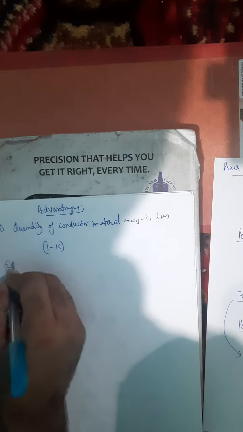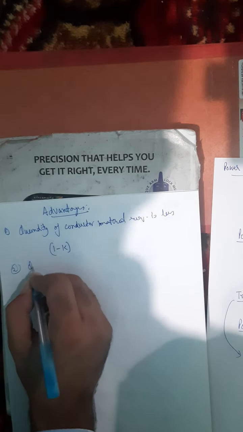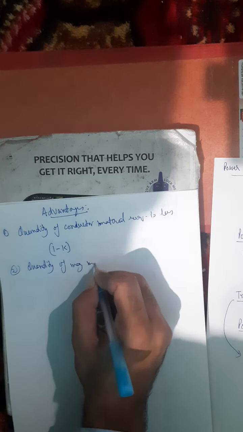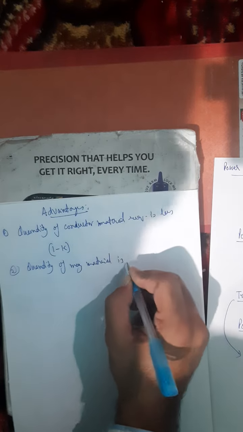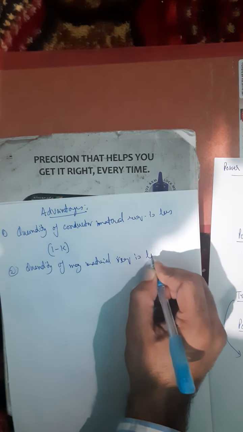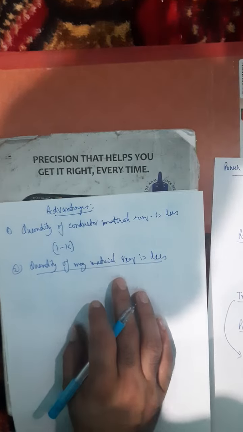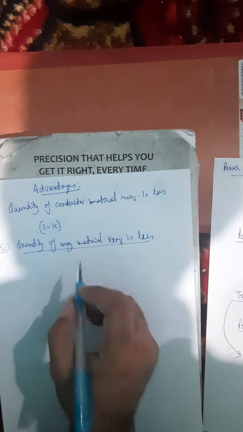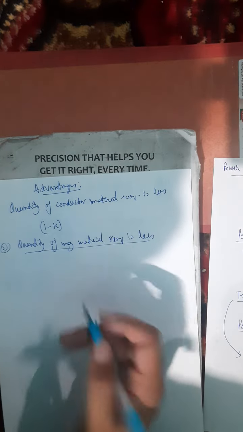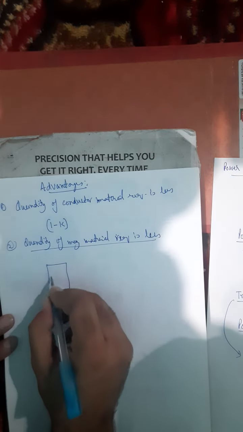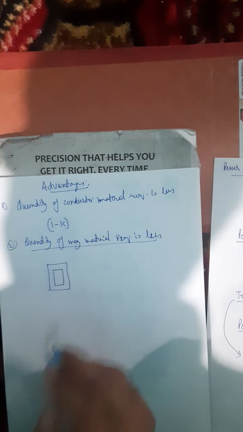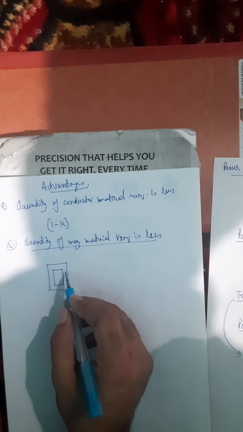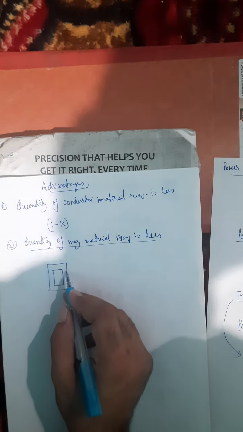Number two, the quantity of magnetic material required is less. Why is the quantity of magnetic material, that means core material, less? Because during designing the windows of the transformer, the window dimensions are decided from the consideration of insulation and conductor material.